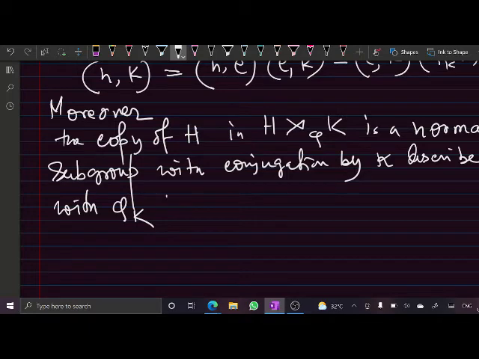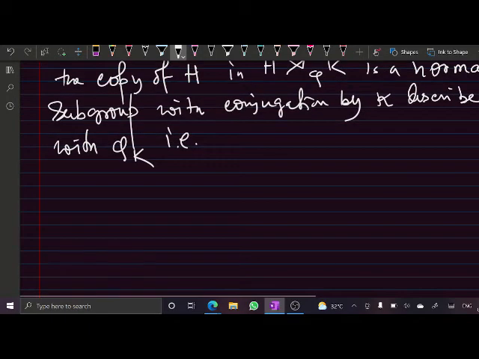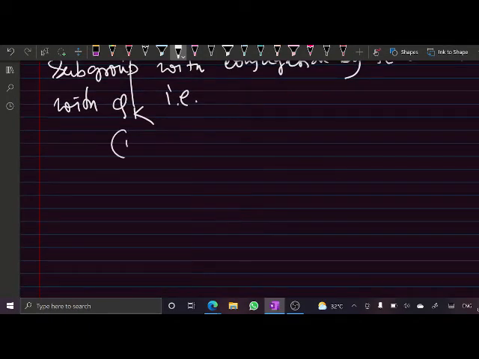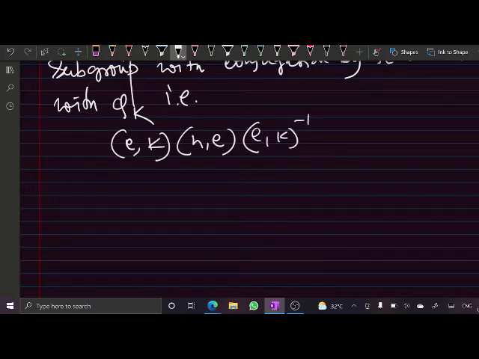That means that is, (e,k)(h,e)(e,k) inverse equals (φ_k(h), e). Okay.